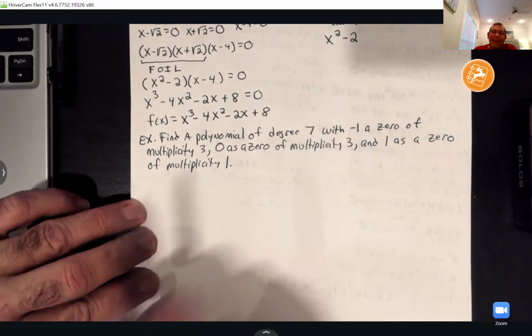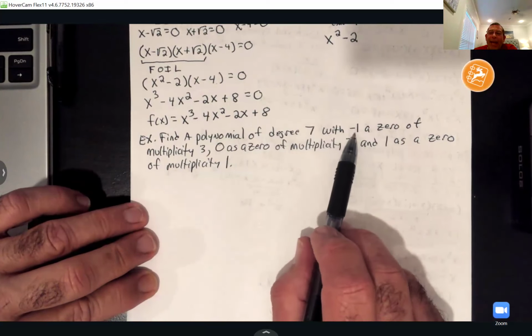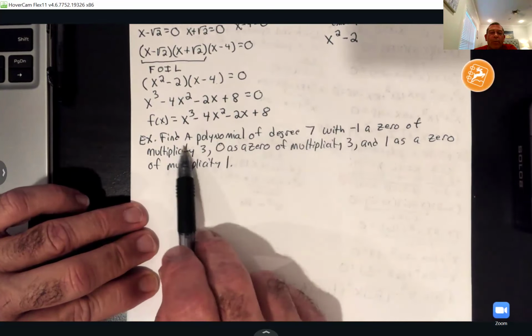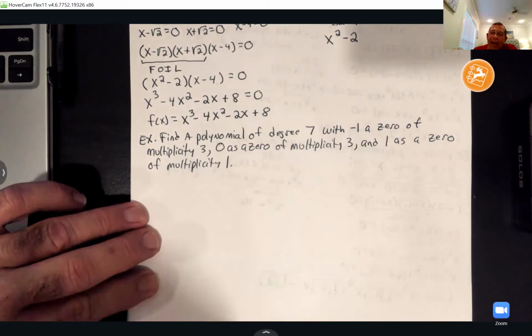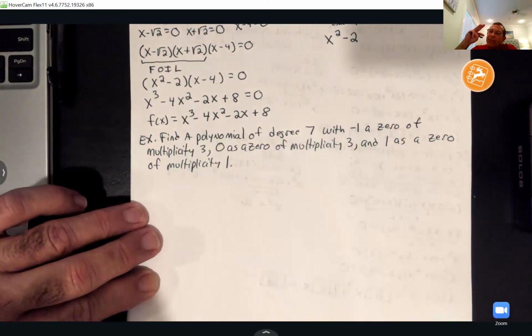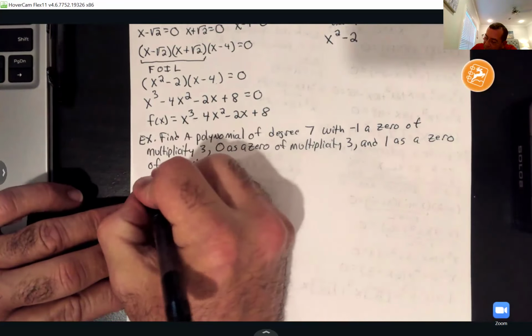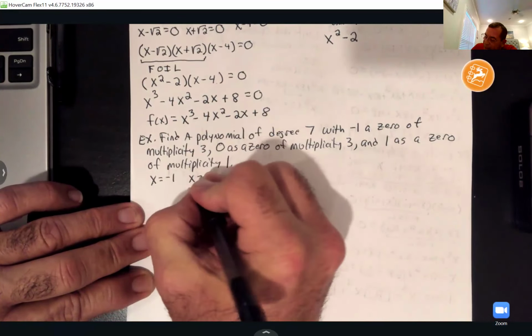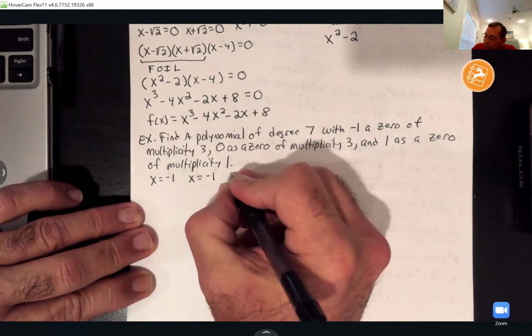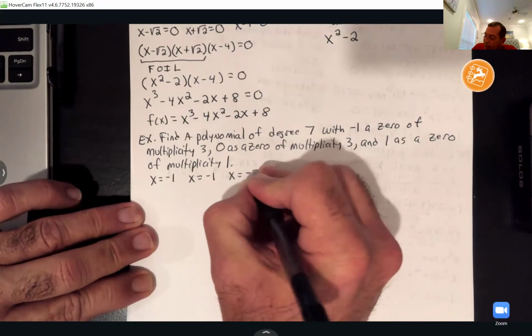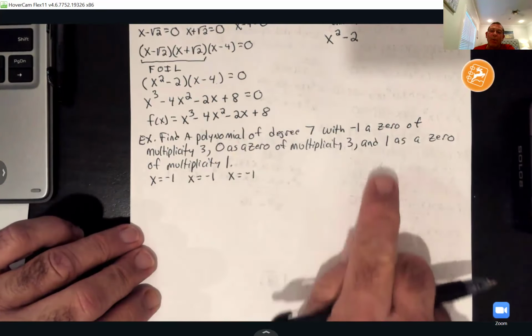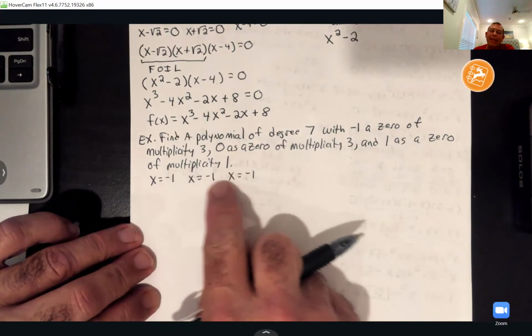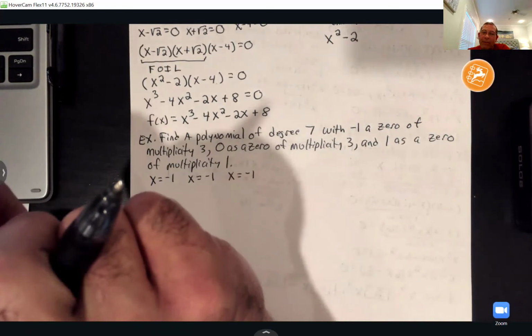So, let's see what they mean here. -1 is a 0 of multiplicity 3. That means -1 is the answer 3 times. So you're going to go x equals -1, x equals -1, x equals -1. Remember, multiplicity tells me how many times that 0 occurs.